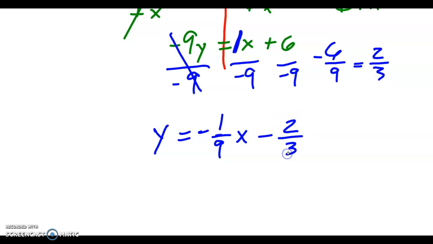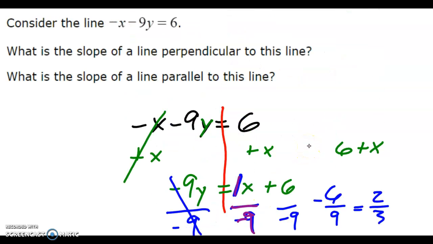Doesn't play a big role in this problem right now, but that would be the simplified version of your b value. -1 over 9. Since the 1 was positive, we divided by -9. We can't simplify it any further. That is your slope. So the slope of a, now pay attention, they might mix up the order of these sometimes.